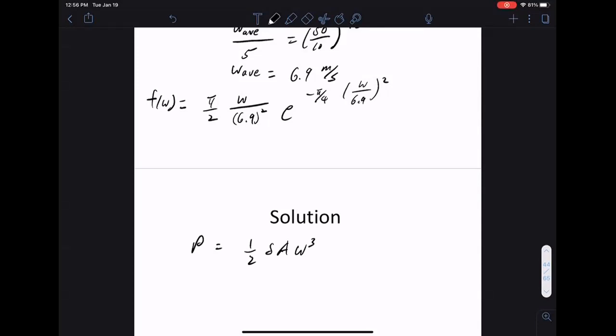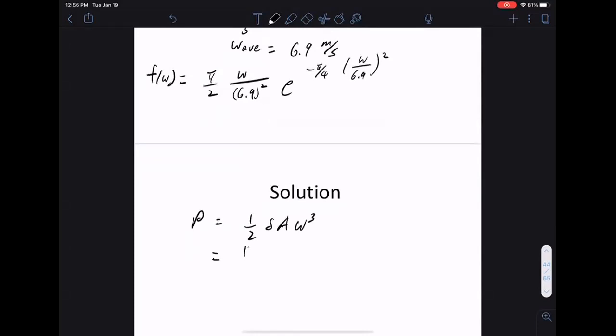Right? So what happens here is we want to compute the average. This is now the integral, right? From 0 to infinity of P times the density function.